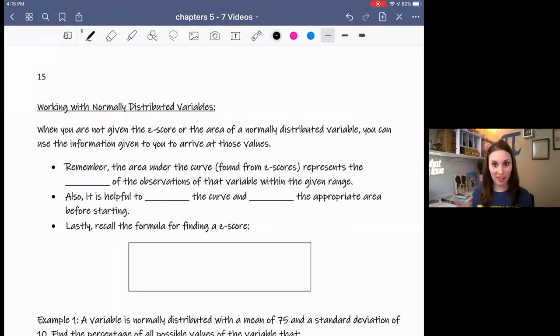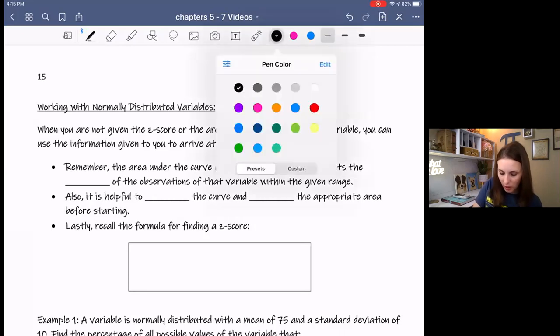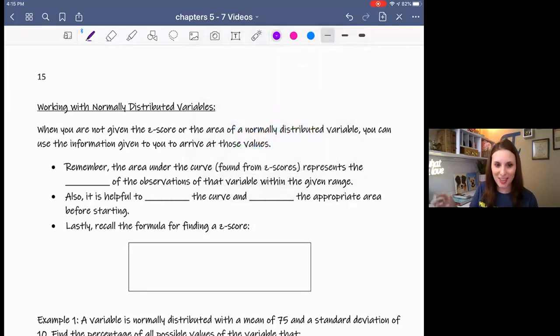Remember that the area under the curve found from the z-scores represents the percent of observations of that variable within a given range. And remember from my last video, maybe you had like 1.5 to infinity or negative infinity to negative 0.5, whatever, but there's a range that we're looking for.